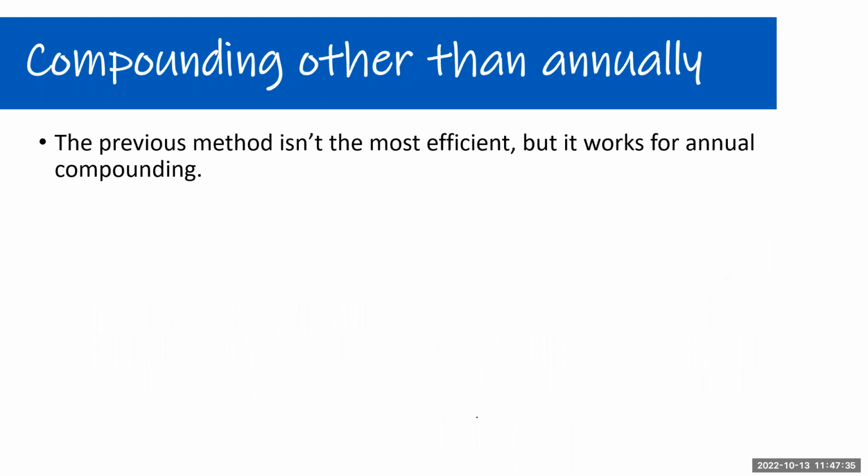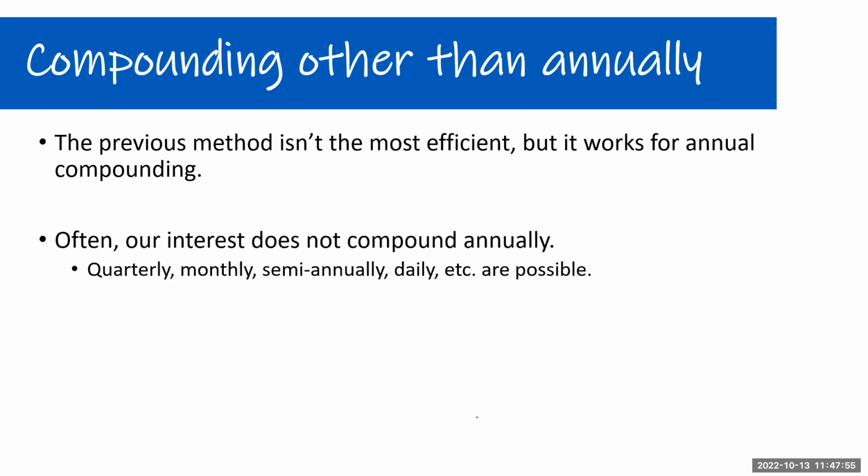Now, the way that we just calculated that by looking at the end of the first year and then looking at the end of the second year isn't the most efficient, but it works okay for annual compounding, especially if you're just doing a couple years. You guys can do that calculation 2 or 3 times, no big deal. But what if you're doing it in other terms? What if you're going to be doing it, let's say quarterly or monthly or semi-annually or maybe even daily?